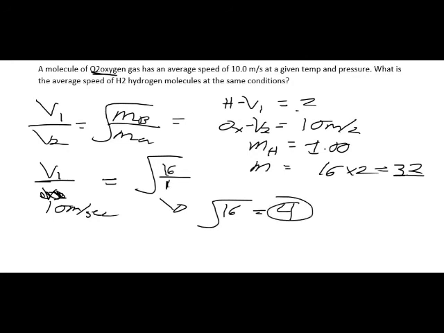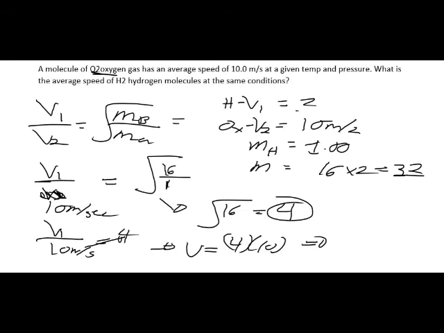So now V1 over 10 meters per second is equal to 4. We transpose this here. So the velocity would be 4 times 10. And our final answer would be velocity 1 is 40 meters per second.